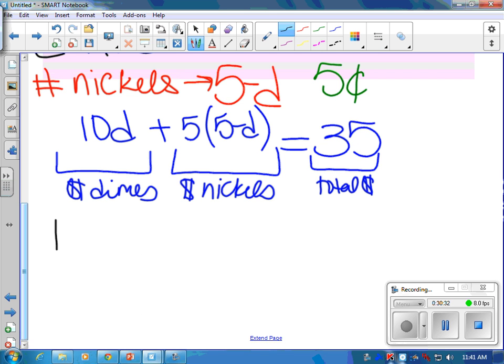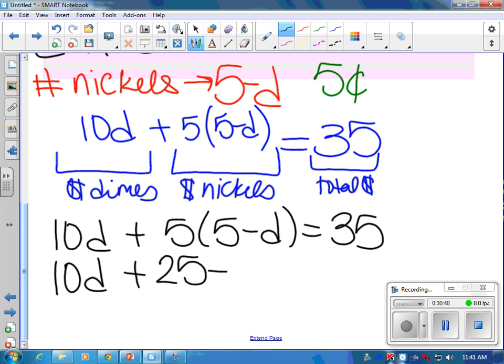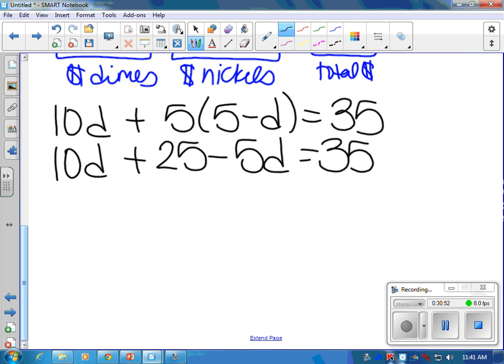So I'm going to rewrite the equation just so that it looks a little bit neater. My first step is to simplify. I have to distribute this 5. So I get 10D. So I distribute that 5. I get rid of those parentheses. What is my next step?